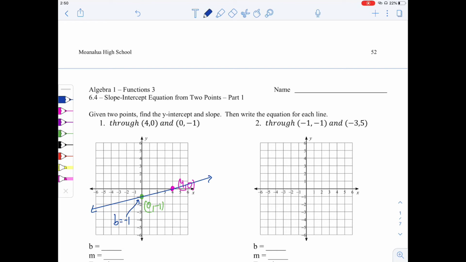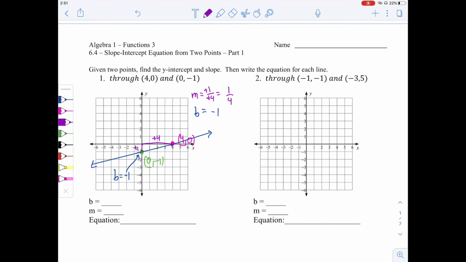And then our slope, we went up 1, right 4. So our slope is +1 over +4, which is 1/4. And our b is -1. So our equation is y equals 1/4 x minus 1.